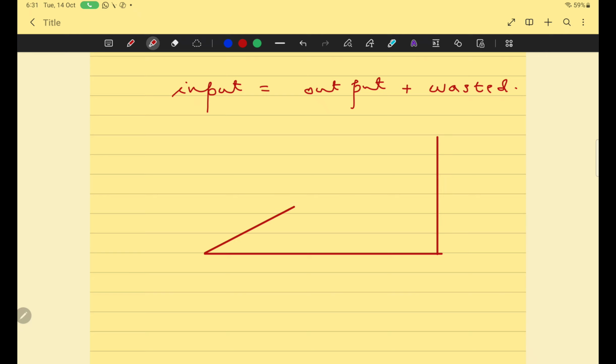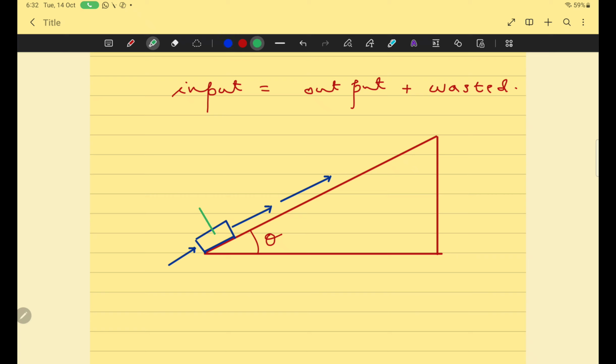Consider this is a slope, and its angle with horizontal is theta. Consider a block is placed at the bottom of the slope, and now you are pushing this block to move along the slope.